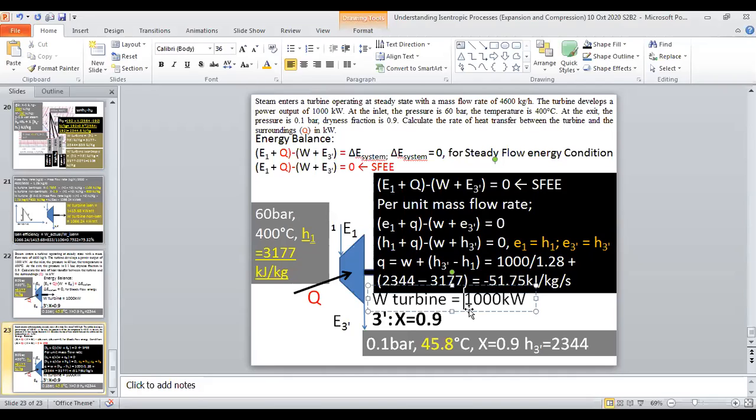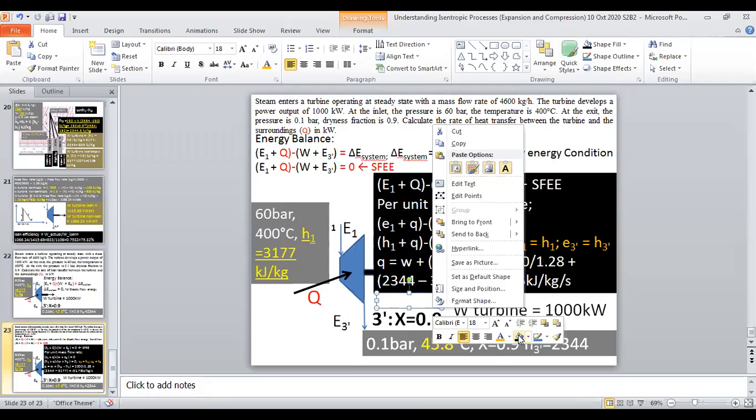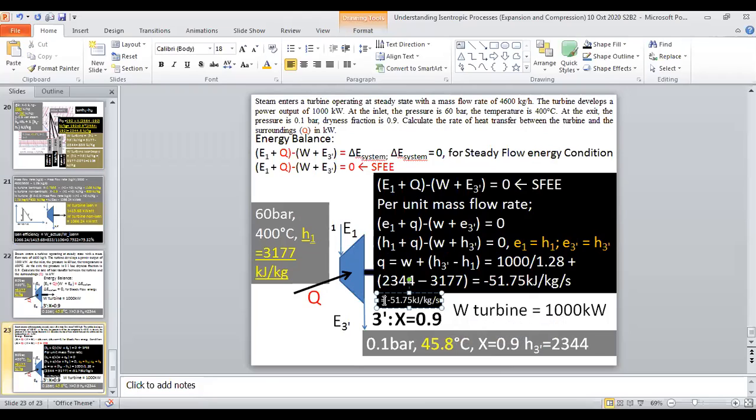Okay, so your big Q becomes small q times your mass flow rate.